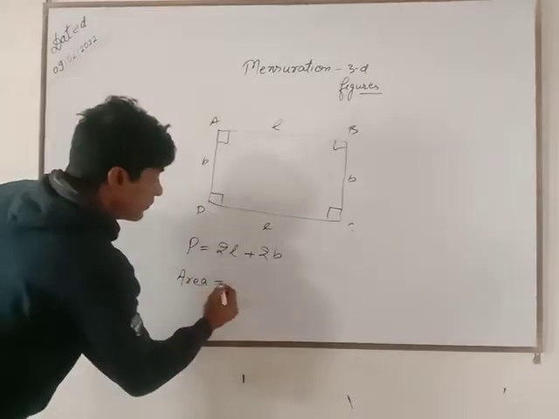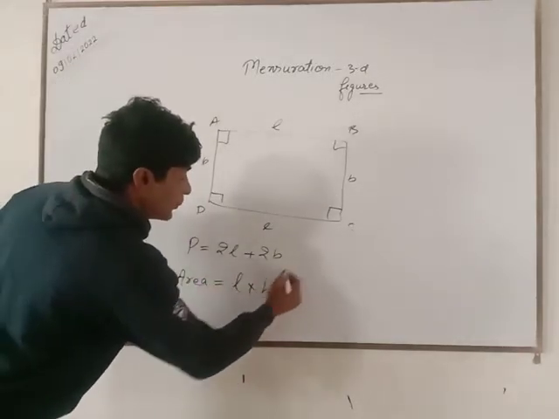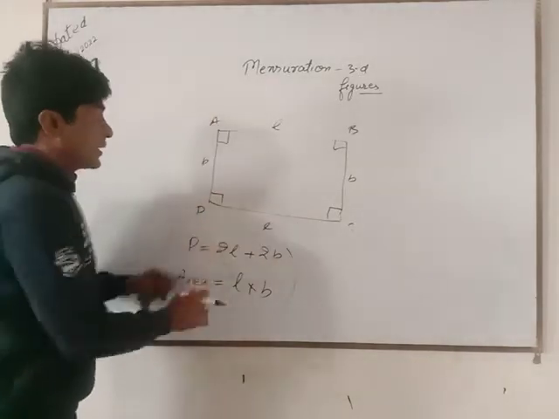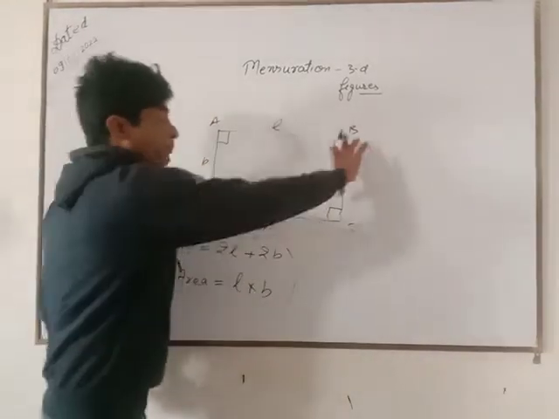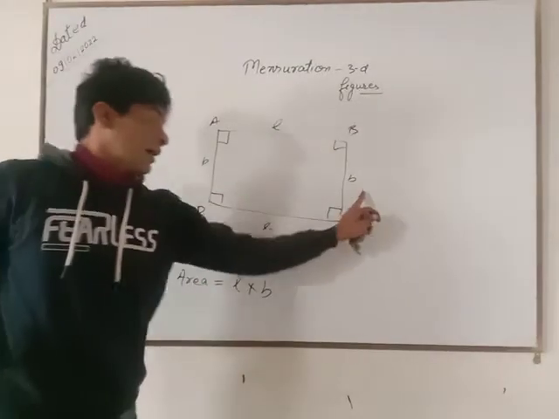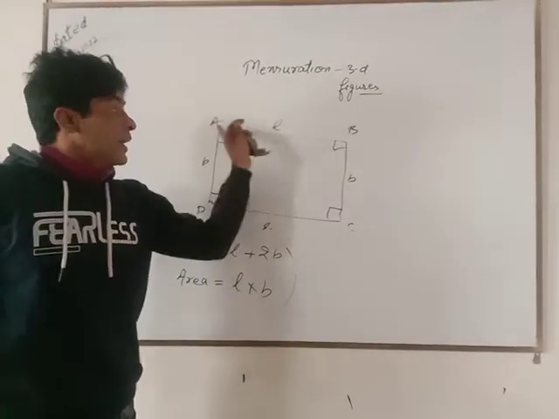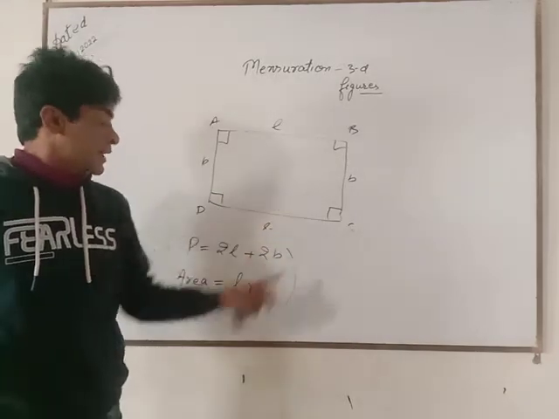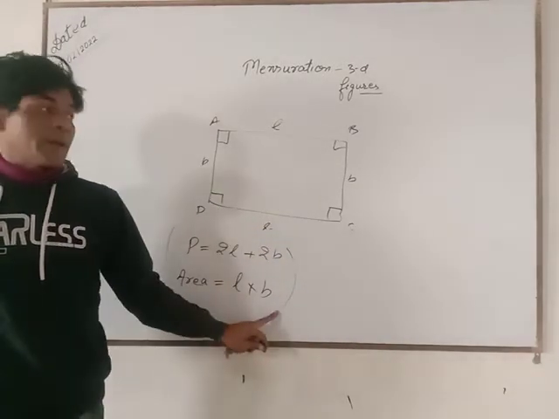It means area will be equal to L into B. Any two adjacent sides, whether AD and BC, then breadth into length. If BC and DC, then again breadth into length. If AB and BC, then length into breadth. Means in any case, area is length into breadth.